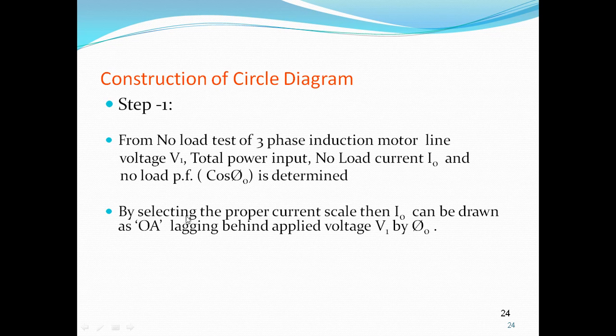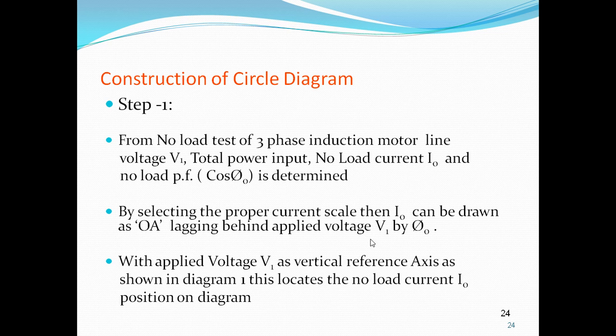So what we have to do? By selecting a proper scale, I naught can be drawn, that is OA, which lags behind the supply voltage V1. So we have to take V1 on the y-axis and I on the x-axis by phi naught.